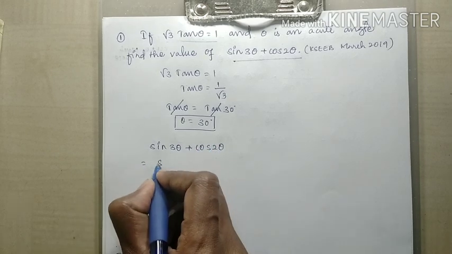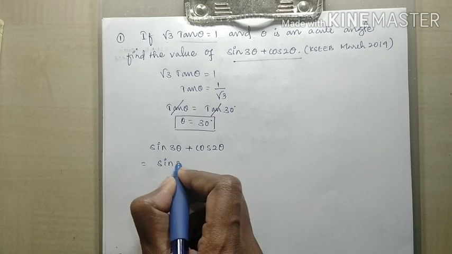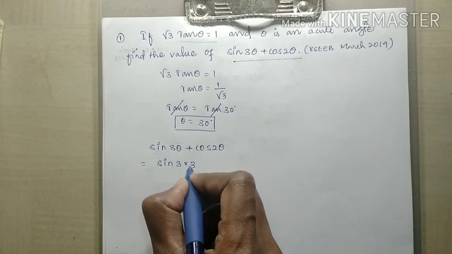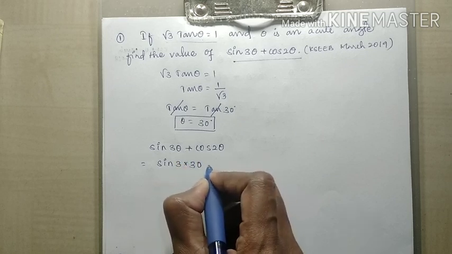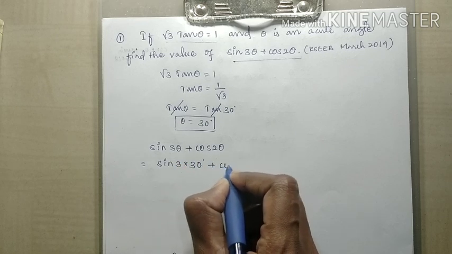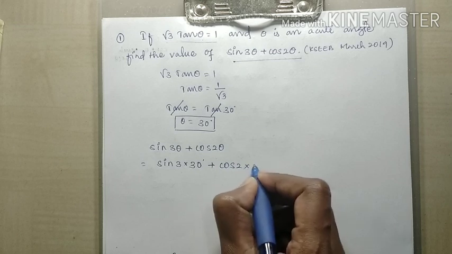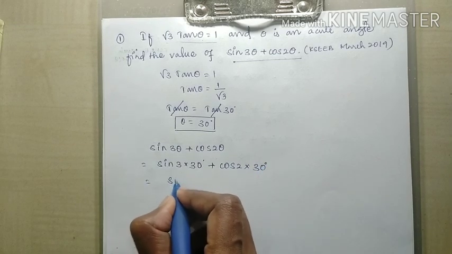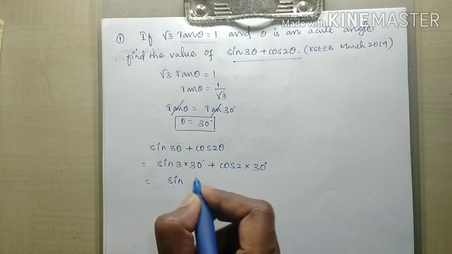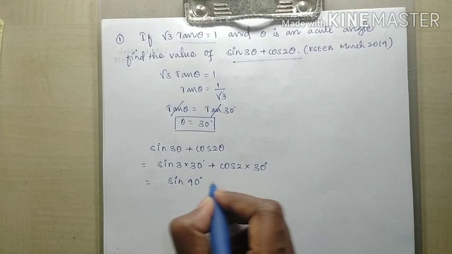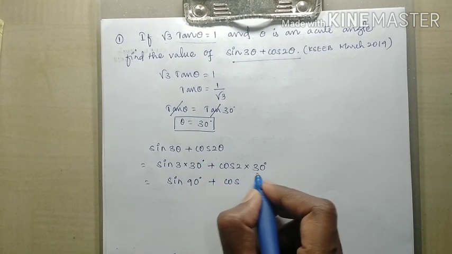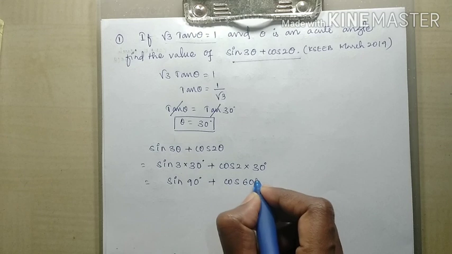So that is equal to sine of 3 into theta value. So we have got 30 degrees, substitute in theta place, plus cos 2 into 30 degrees. So therefore sine 30 into 3 is 90 degrees plus cos 2 into 30 is 60 degrees.